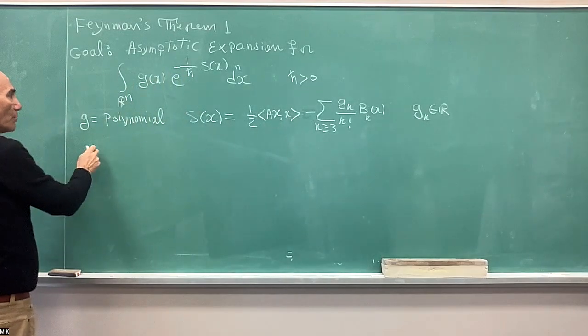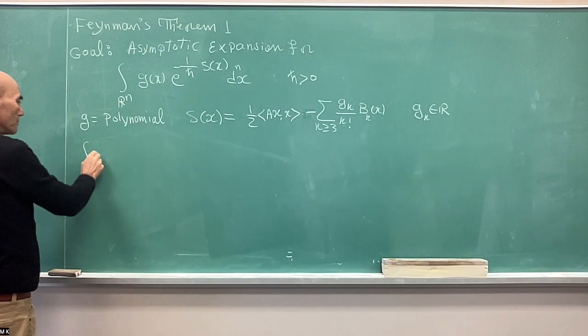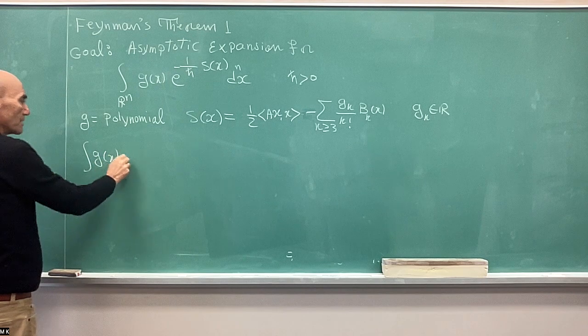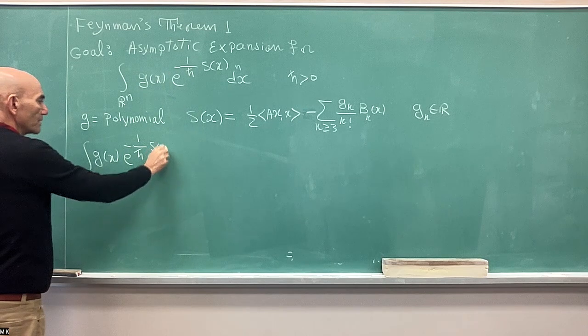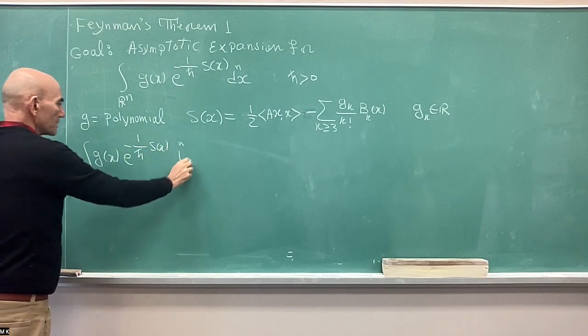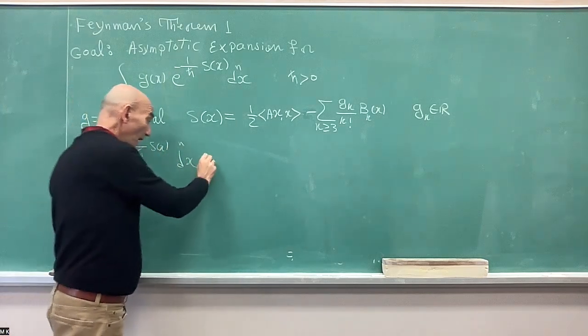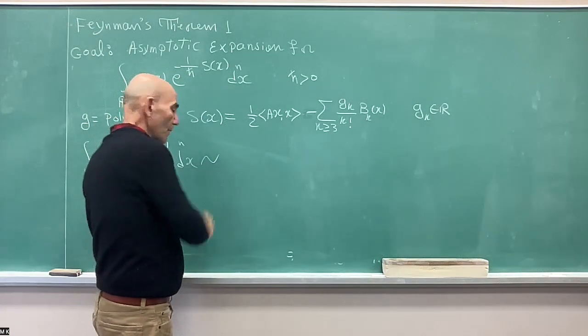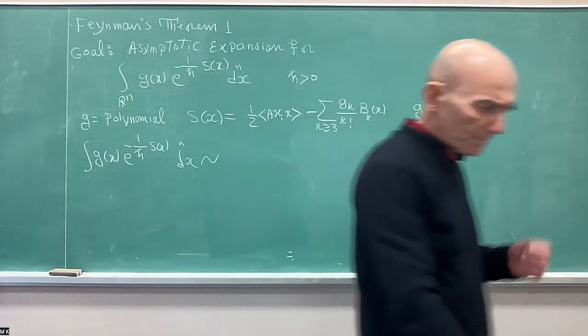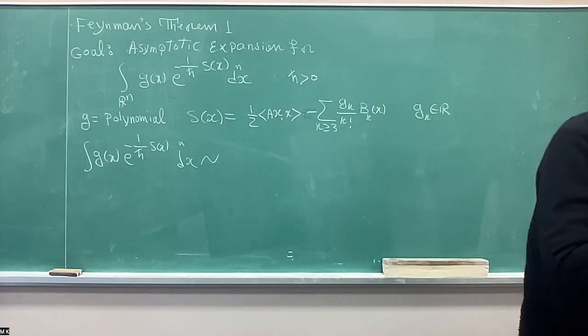So we know that this integral, g of x, e to the minus 1 over h bar S of x, d^n x, has an expansion of the form. What was the form of the expansion that we derived?